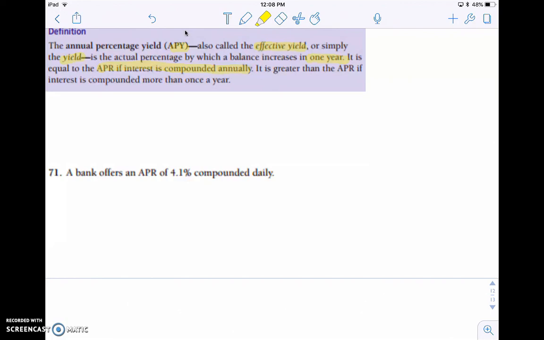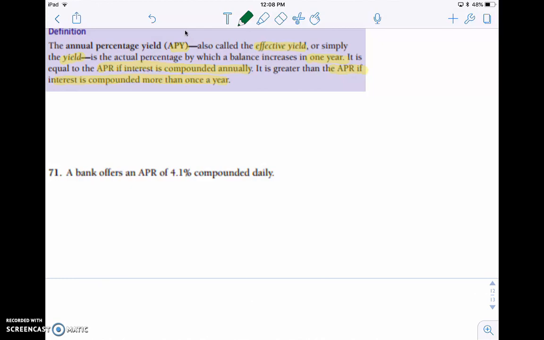However, it is greater than your APR if you're compounding more than once per year. And the APY is a good way to compare two accounts. If one has an APR of a certain percentage compounding quarterly, and the other has a different APR but compounding annually, you can compare the two using this annual percentage yield to see which one is actually going to give more money in the end.